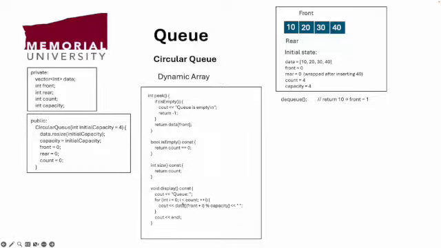From 1 plus 0, mod by capacity 4, they start from data at index 1. Count until when? Until 3. So i goes from 0 until 2, and they just display these 3 elements.